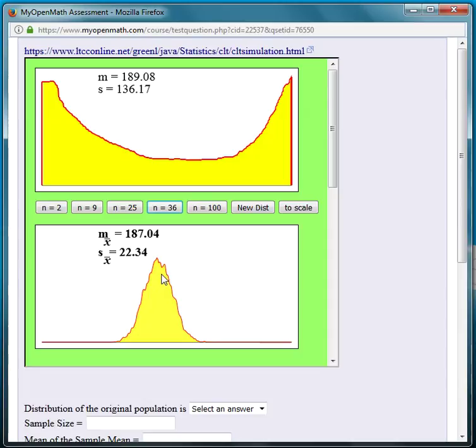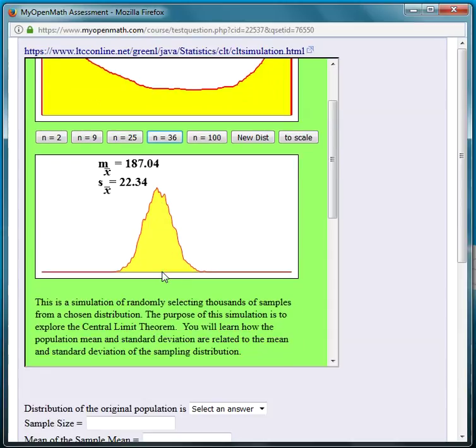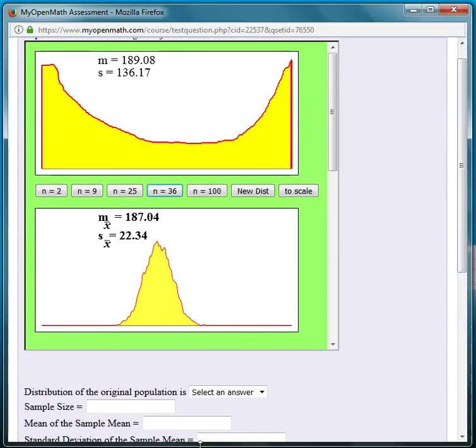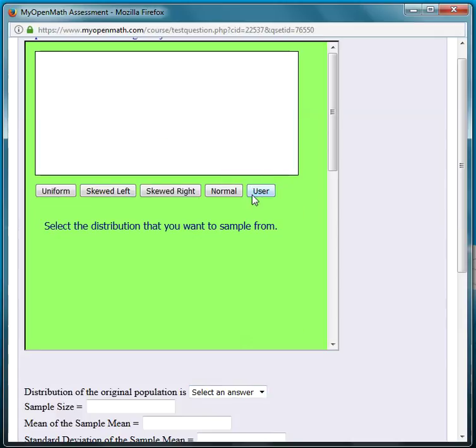Run this simulation as many times as you wish, and once you're done, all you have to do is record one of your final results.